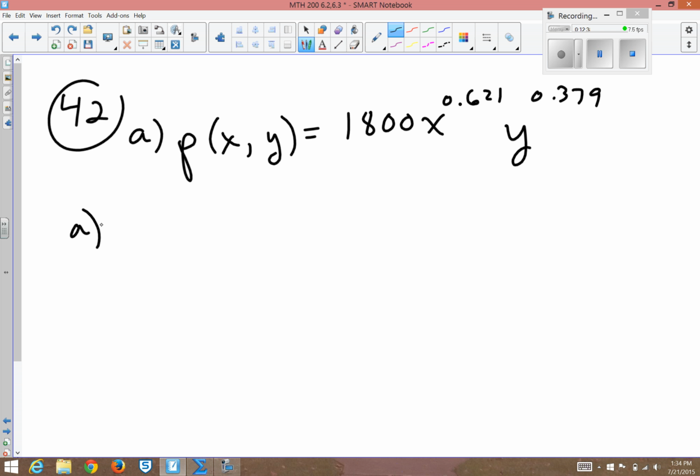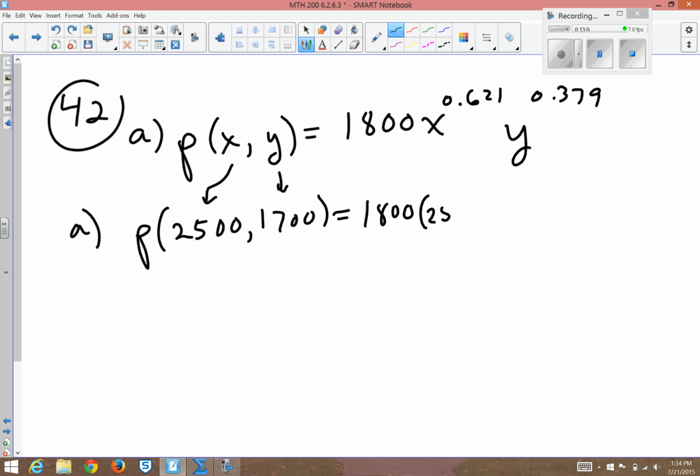So part A is asking for the number of units produced, P for produced, with 2,500 units of labor and 1,700 units of capital. That's just telling us replace X with 2,500 and Y with 1,700. Replace X with 2,500. This 0.621 is the exponent. Replace Y with 1,700.